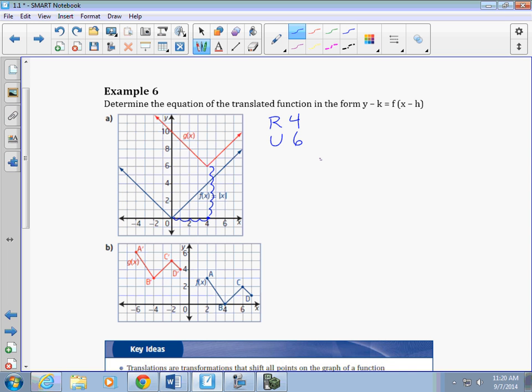So that means my h is equal to 4 and my k is equal to 6. So if I put it into my function here, I'm going to have y minus 6 is equal to the absolute value of x minus 4.